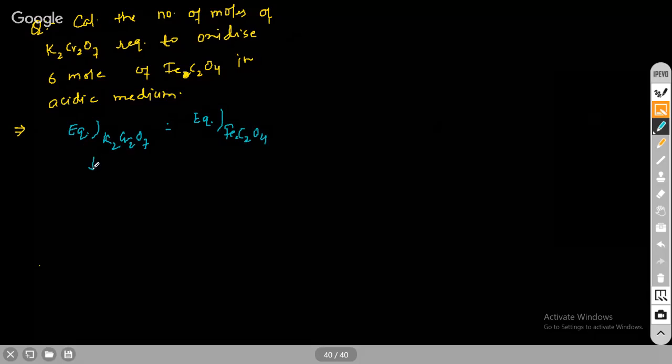Number of equivalents is number of moles of K2Cr2O7, which we have to find out, into the n factor of K2Cr2O7, which is 6. We have already calculated it in acidic medium. The n factor of FeC2O4 is 3 and the number of moles of FeC2O4 is given as 6. So when you solve this, the number of moles of K2Cr2O7 we will get is 3. We just have to equate the number of equivalents, that is it.